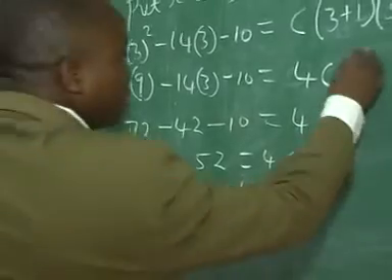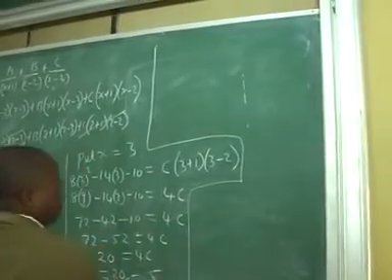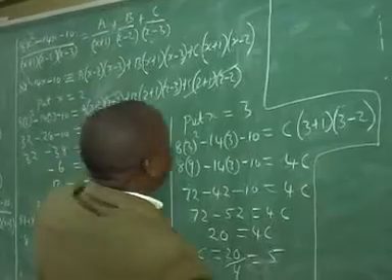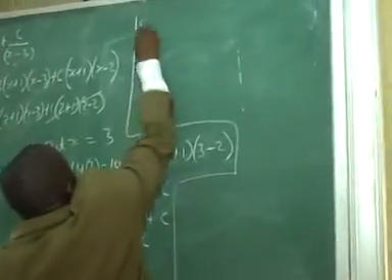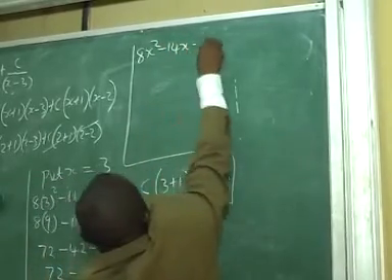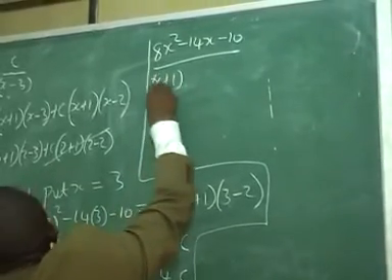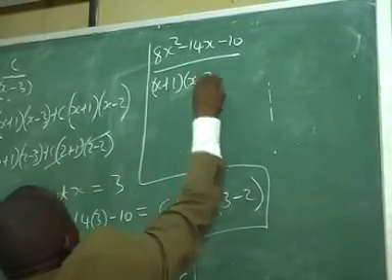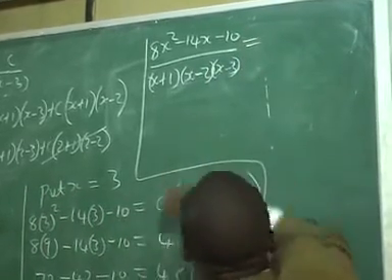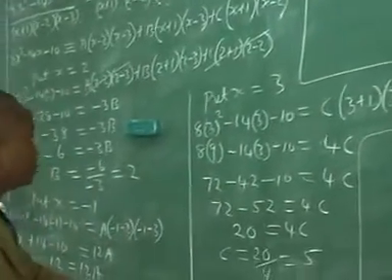Then it means that the partial fraction of 8x squared minus 14x minus 10 all over x plus 1, x minus 2, and x minus 3 will be equal to a, and then we have the value of a as 1.